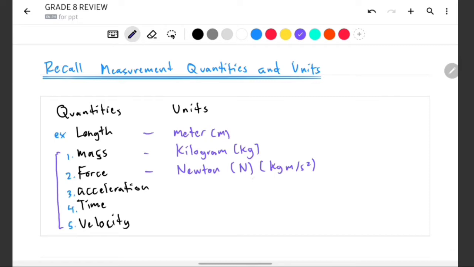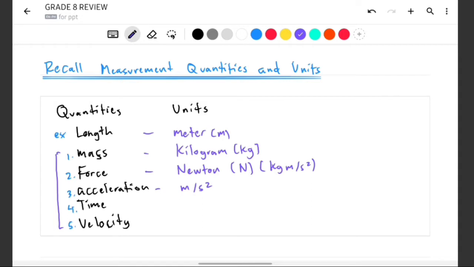The same lang yan na unit for Newton. Okay? How about for acceleration? What's the unit for acceleration? The unit for acceleration is meters per second square. Wala nang ibang pangalan yan. Basta meters per second square yung binigay na unit for acceleration.